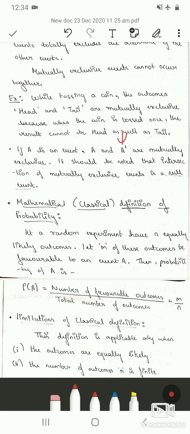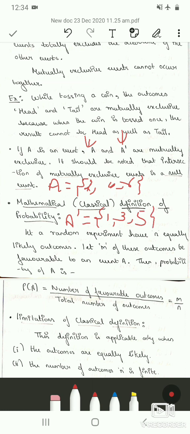So in the previous example that we had considered in complementary event, a die is thrown, and event A is that the die results in an even number, that is 2, 4 and 6, and the complement of that is the event that results in odd numbers, which is 1, 3 and 5.